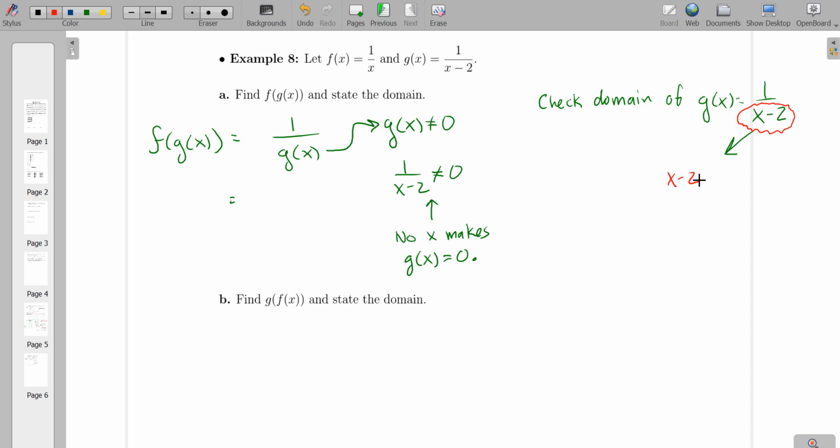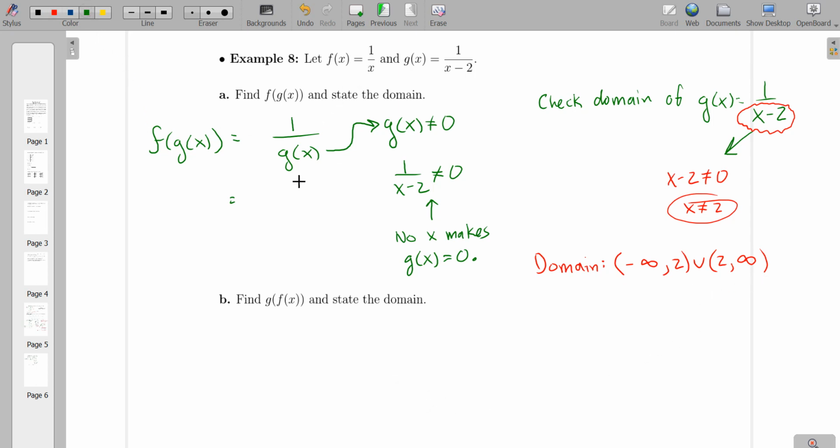So x minus 2 not equal to 0, so that means x should not be 2. So this is the only restriction that we have, so our domain is everything except 2. So negative infinity to 2, and then everything from 2 to infinity.